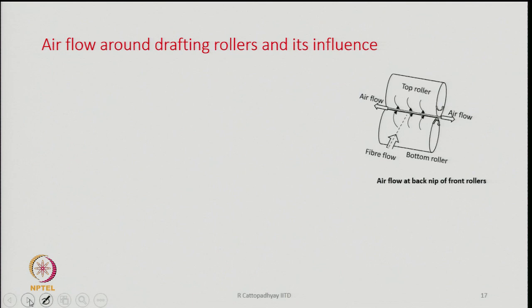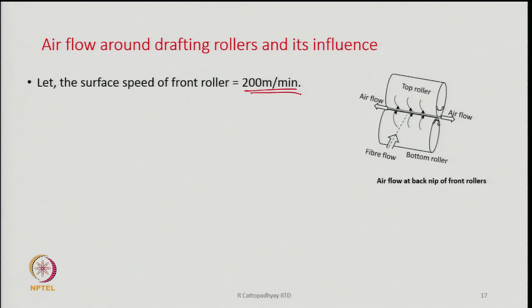The next thing which is important is air flow around the drafting rollers and its influence. Let us say the surface speed of the front roller is 200 meters per minute. A typical speed we have chosen, 200 meters per minute. It could be 150, it could be 220, it could be 300 also. So, one speed I have chosen as an example.